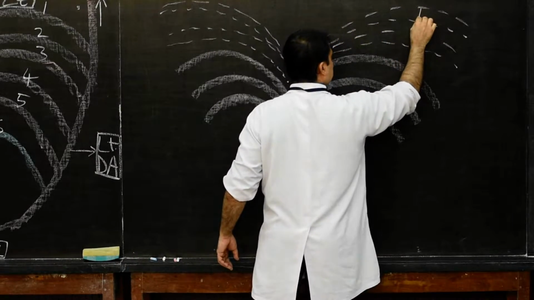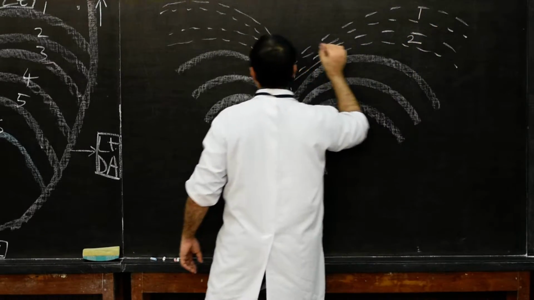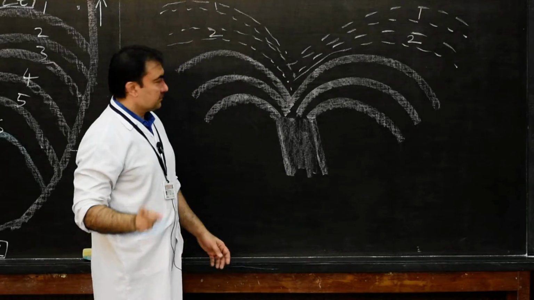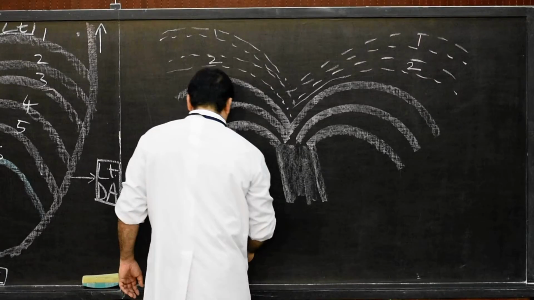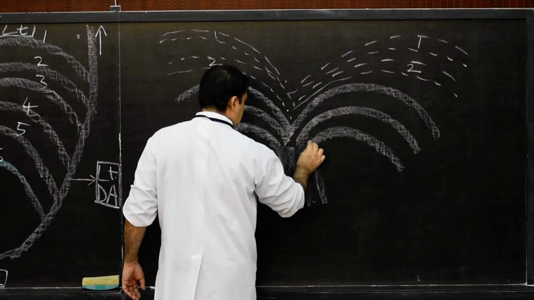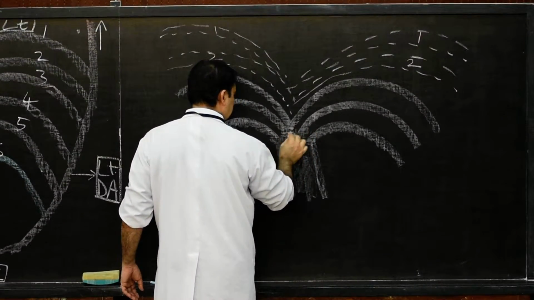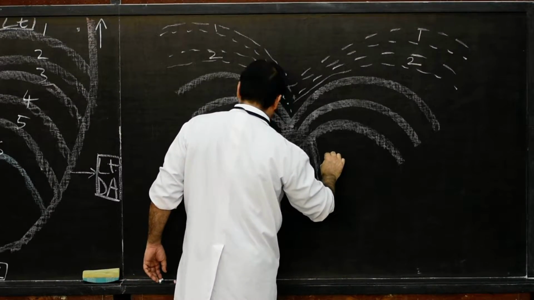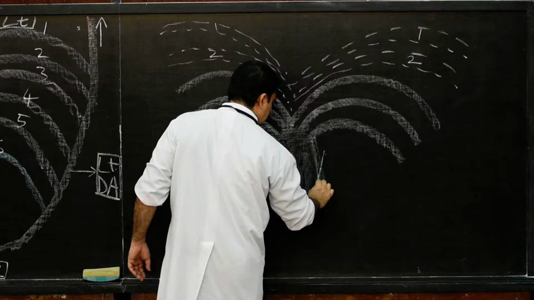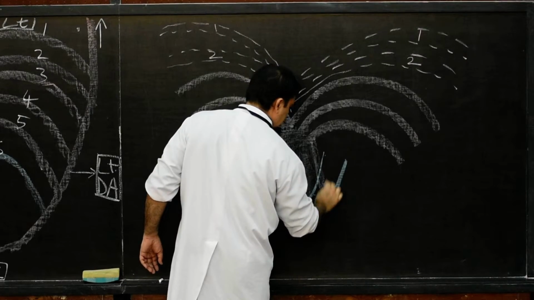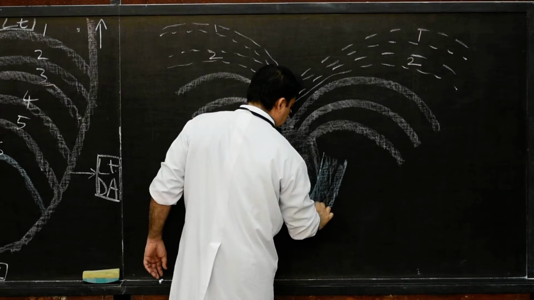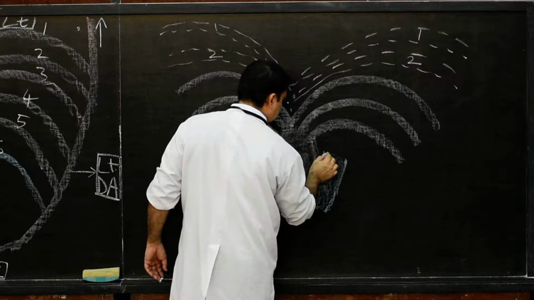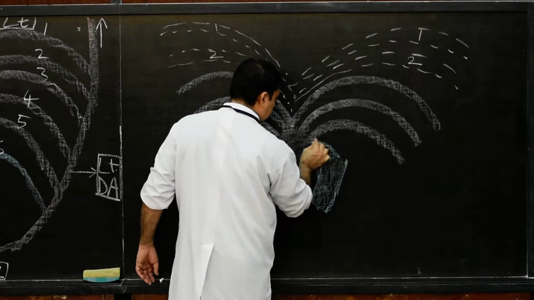So this is 1, this is 2. Here also 1 and 2. Then we complete this diagram in this way. Now we draw the pulmonary trunk. This is the pulmonary trunk. And what will we draw?